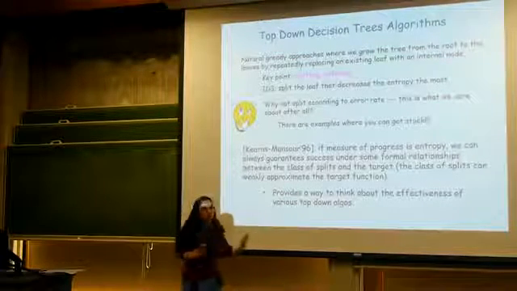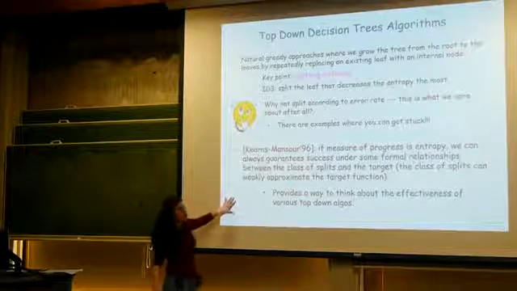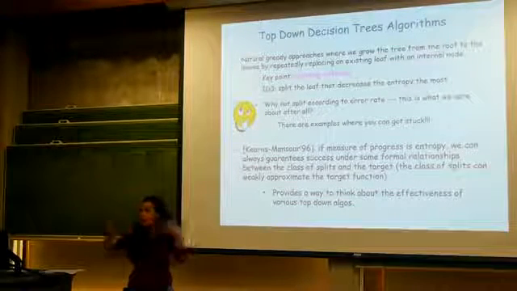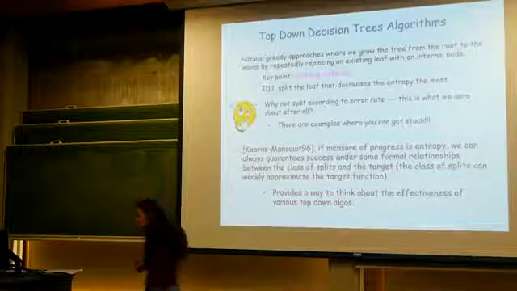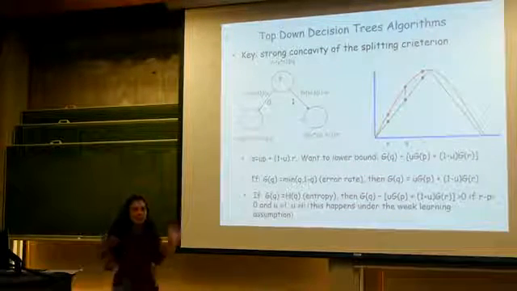of progress locally. And what's nice is this provides a very nice way to think about the effectiveness of various top-down algorithms, and it shows that this ID3 heuristic has very strong formal guarantees. I'm not going to go through details, so please come to my office hours if you're curious.